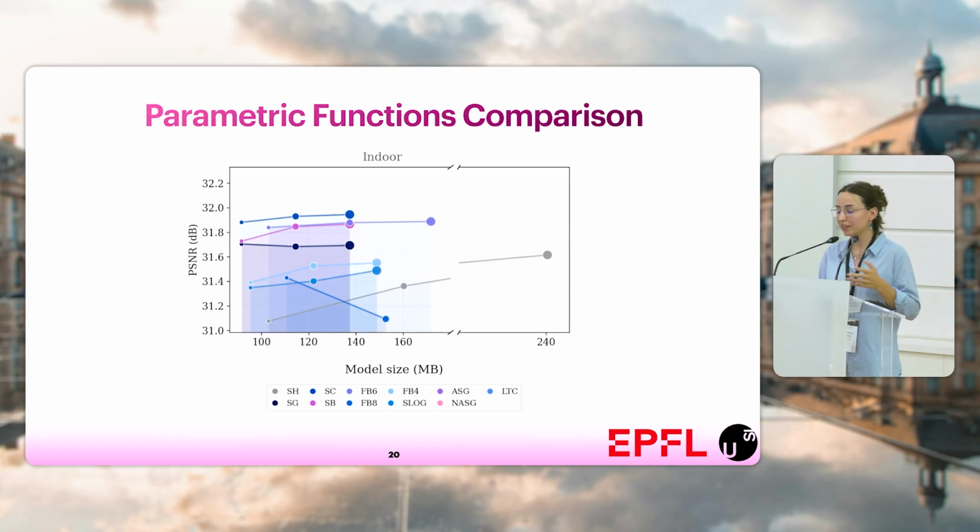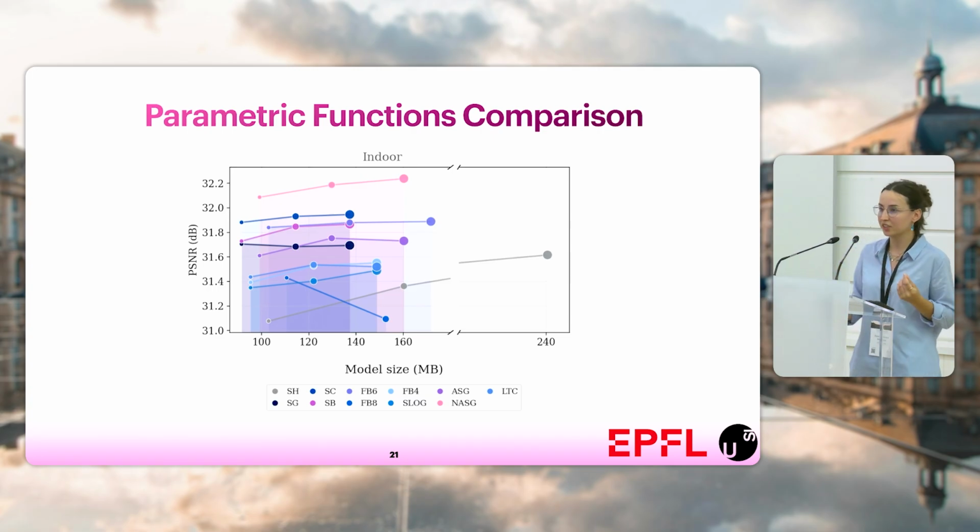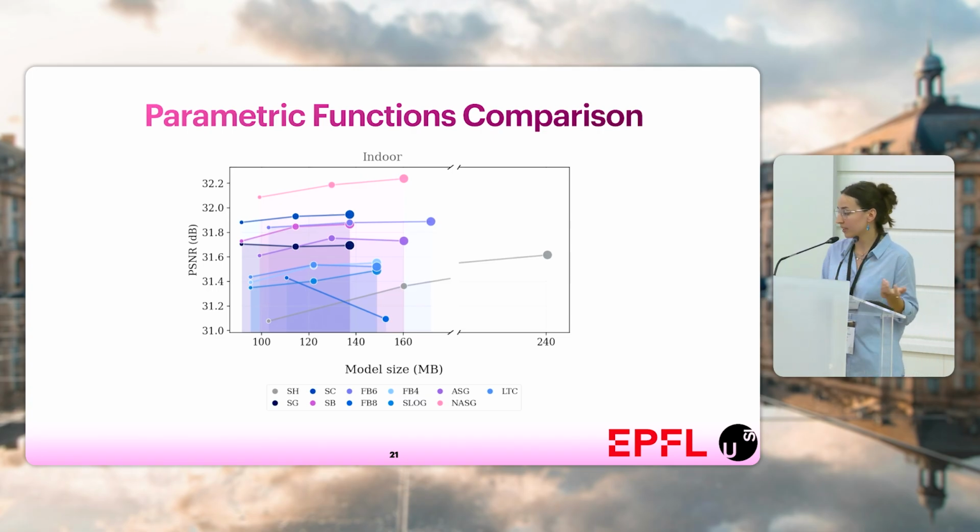Then we evaluate ring-like and multimodal kernels, and our results show that multiple peaks don't need to be disentangled. Instead, a single multimodal kernel can capture them effectively, and we can save some memory. And finally, we evaluate anisotropic kernels, which prove to be the most expressive family and consistently achieve the best reconstruction results.